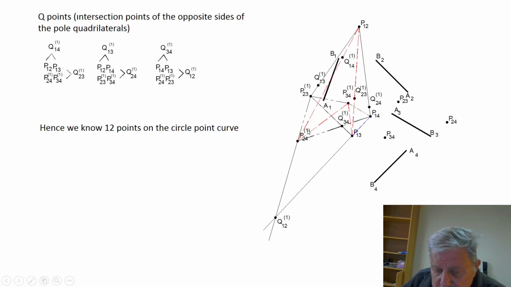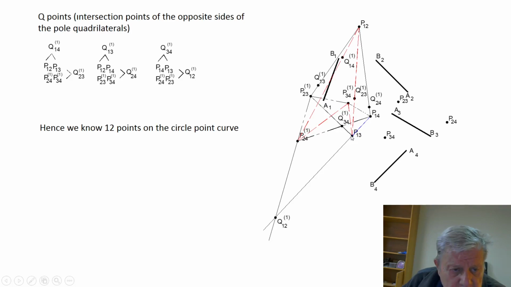Okay? The opposite poles are P23, P14, one opposite pole quadrilateral. P12, P13 is one side, side 1.